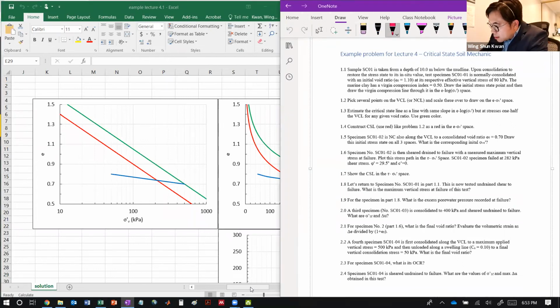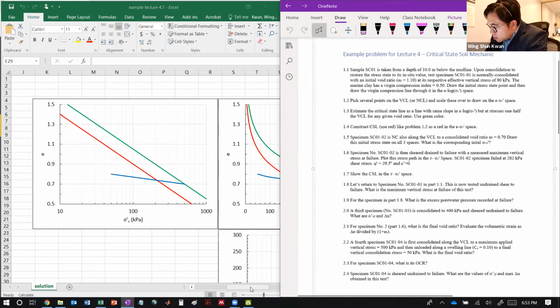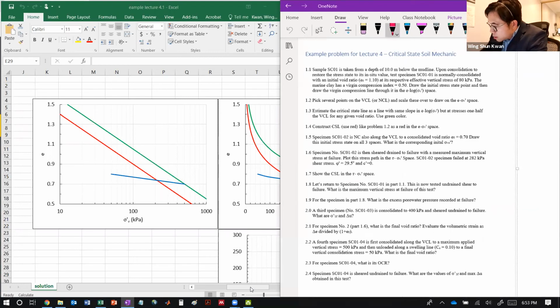So we know that the e naught is 1.1, and the vertical stress that comes with it is 80 kilopascal. So this is our initial stress state.